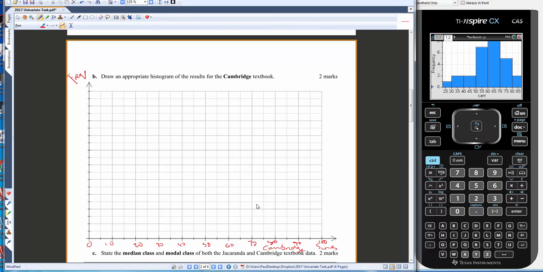And what are we going up to? Our max frequency here is 9. So we'll go 1, 2, 3, 4, 5, 6, 7, 8, and 9. So we've got a 1, 2, and a 2. The first grouping is between 20 and 30, so between 20 and 30 is 1.